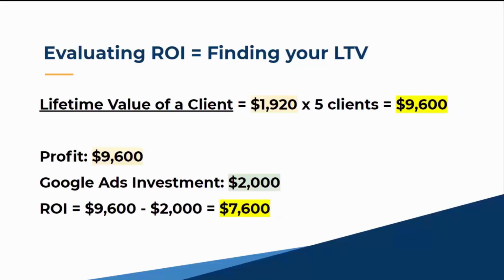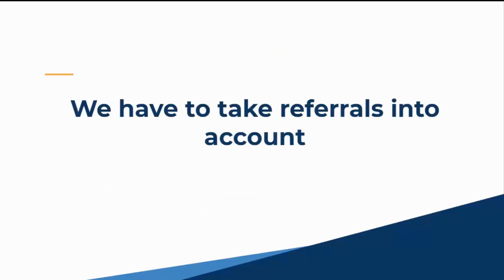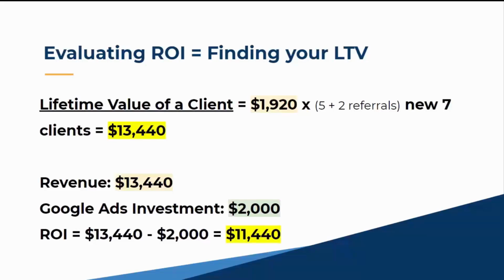Pause this video at any time so you can really understand the math here, but this should be fairly simple. So you also have to take referrals into account, okay? Because you're going to acquire a new customer and they may refer you eventually to the people that they know. So this business owner knows that for every 5 clients that she gets, she'll get 2 referrals out of them.